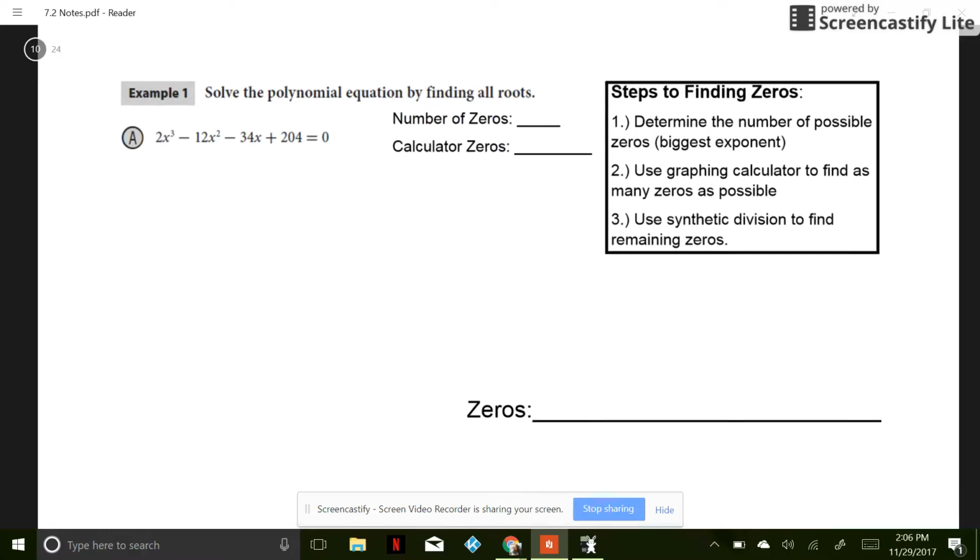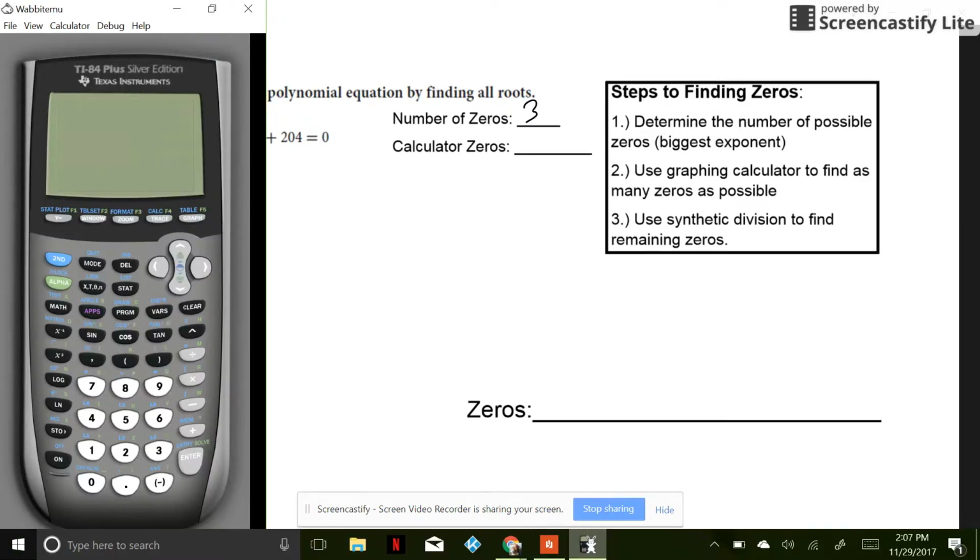So how do we use this? First thing we do is determine the number of possible zeros, which is the biggest exponent. In this case, our function is going to have 3 zeros. Next, we use a graphing calculator to find as many zeros as we possibly can. I'm going to pull this up on my graphing calculator and see how many zeros we can get.